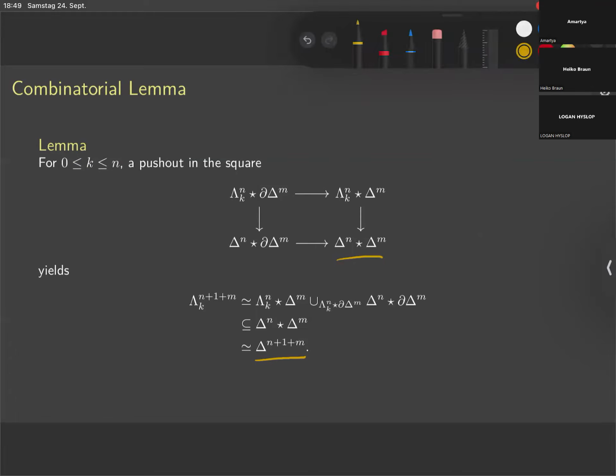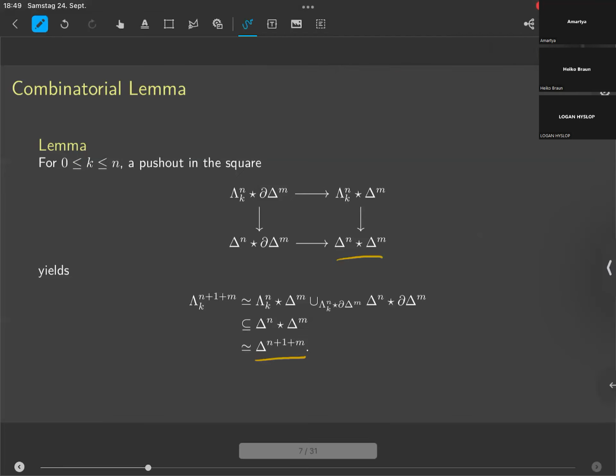And to see this in an example, we can draw the pictures. For example, let's say, where is the dimension exactly? n equals 1 and m equals 1, so both are equal to 1. Let's do that. So for example, okay, k, what is k? Let's say k is 0. Then altogether we will get the 3 simplex, because 1 plus 1 plus 1 is 3.